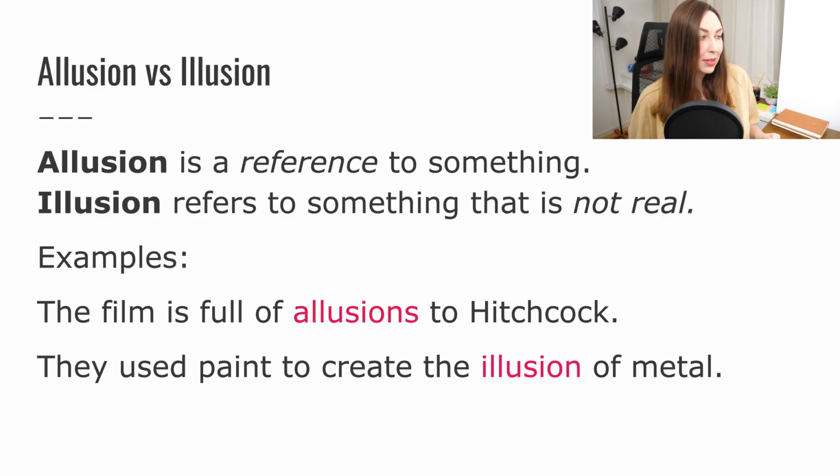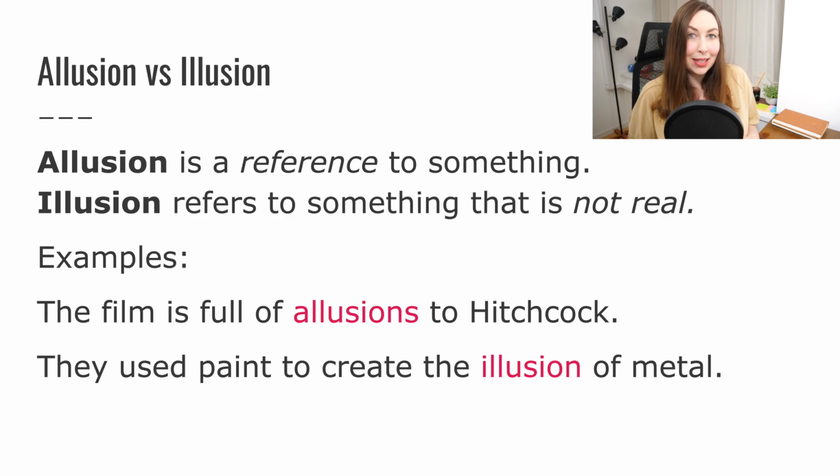Here are some examples. The film is full of allusions to Hitchcock. Hitchcock was a very famous filmmaker. So if a film is full of allusions to Hitchcock, maybe that means the film has many references to Hitchcock. Okay?